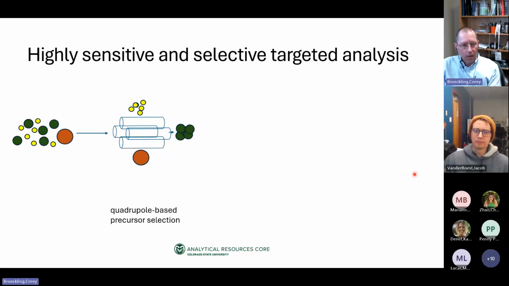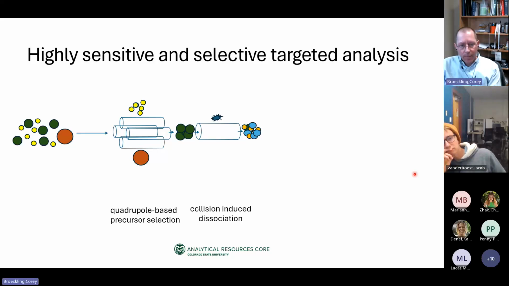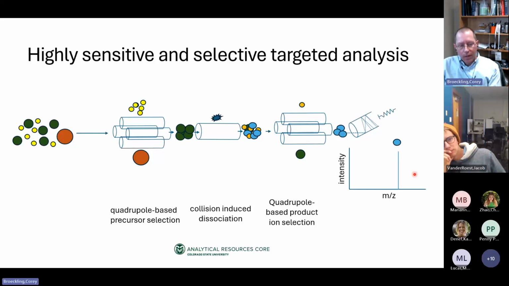We discard all of the precursor ions that we are not interested in, which can be either one or a few precursor ions, or it could be hundreds, depending on the complexity of the sample. We then fragment, just as we would have in a qualitative study, and we generate precursor and product ions from that precursor population.